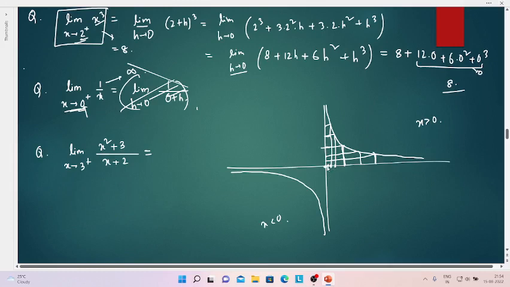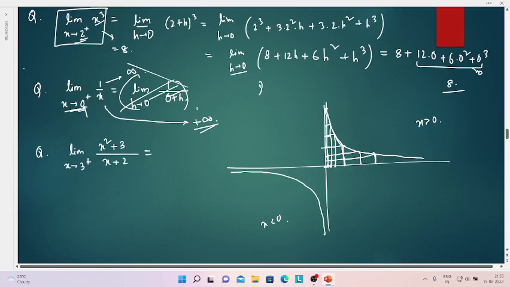Similarly, when you get very close to 0, can you tell me what is the value of f(x)? You can see that it is positive infinity. It will not cut the graph in general, so it will go very close to positive infinity. That part is tending to positive infinity.